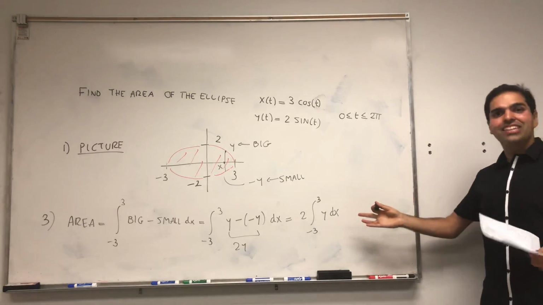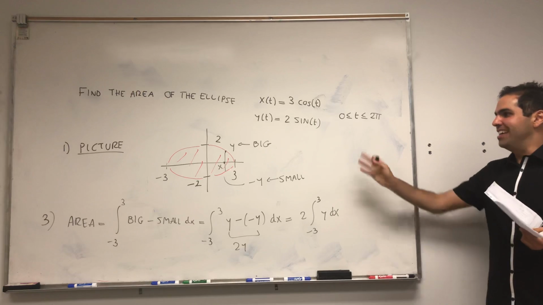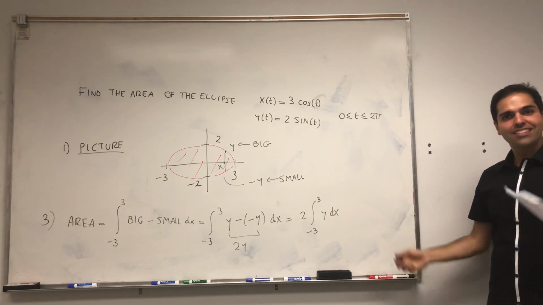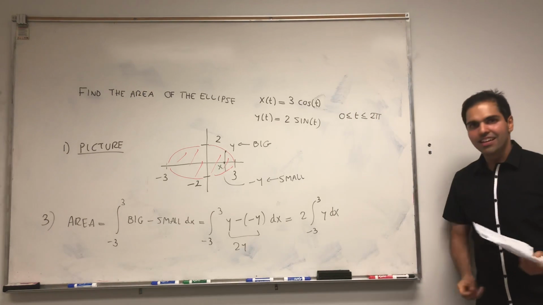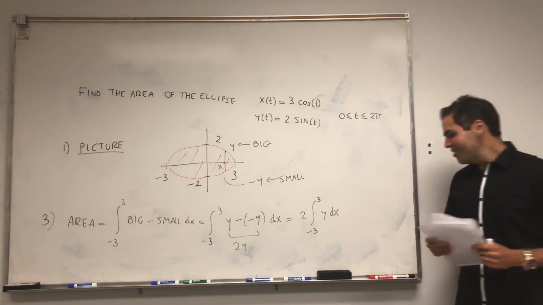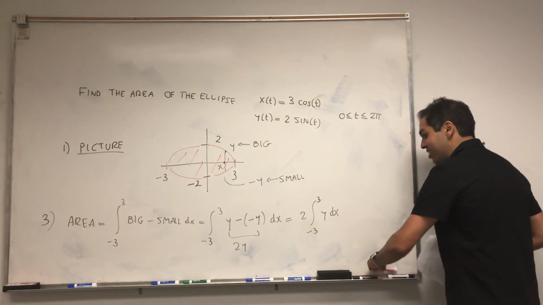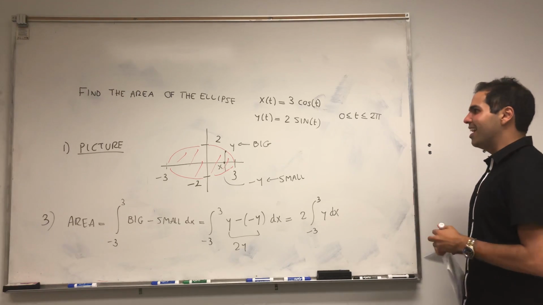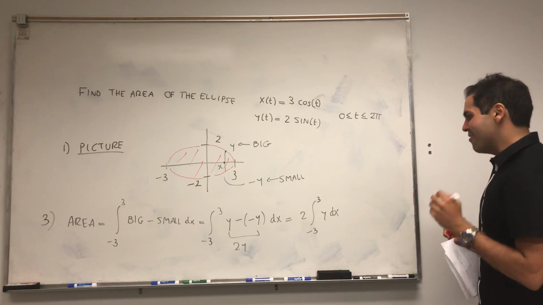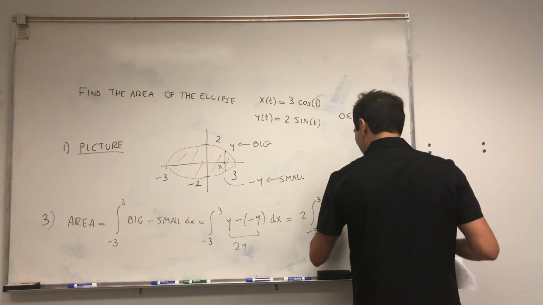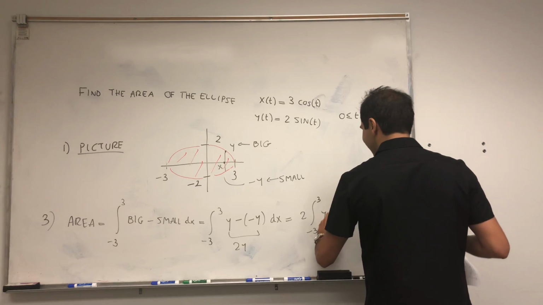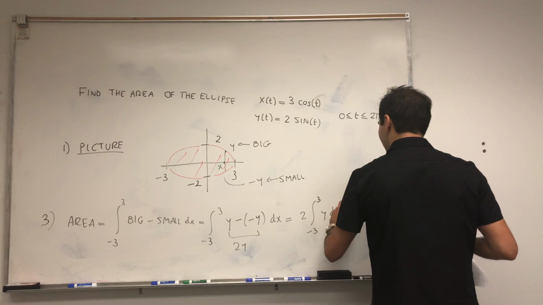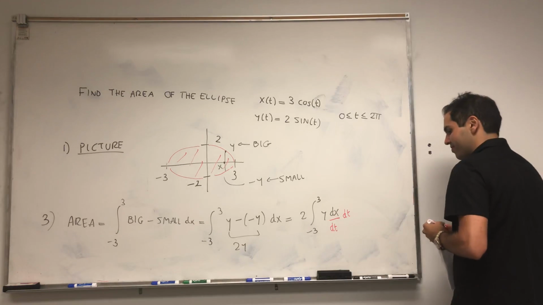This is all good, except the problem is y is not a function of x, it's a function of t. But this is not a problem at all, because there's a neat little trick to go from Cartesian to parametric coordinates. Namely, take this dx and multiply top and bottom by dt.